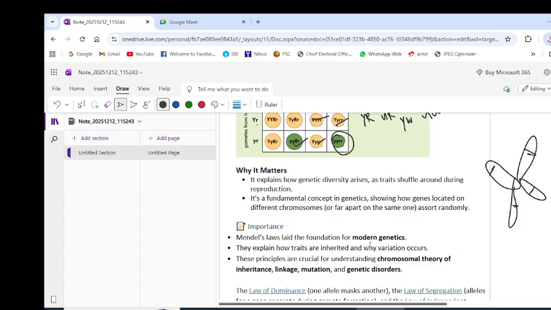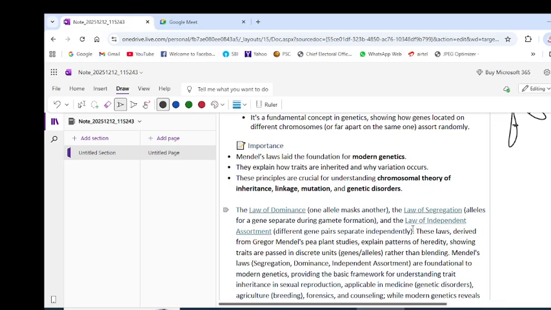Okay, if we cannot understand this inheritance and variation, we cannot understand the location of genes, and also we cannot understand the genetic disorders.